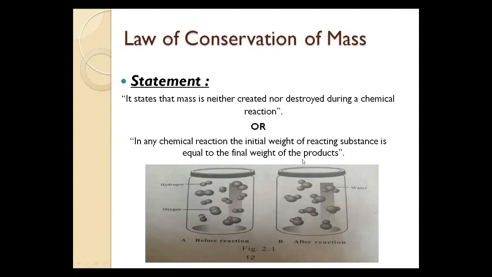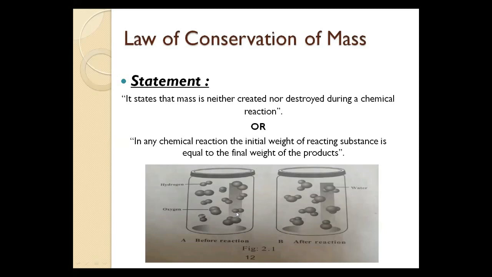We can take another example. Suppose we are making a solution of water and sugar. We take 1 glass of water and add 1 spoon of sugar. They combine together, and by stirring with a spoon we get the sugar solution.